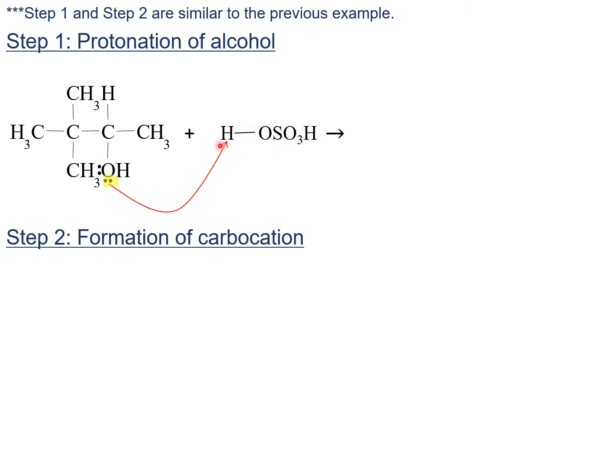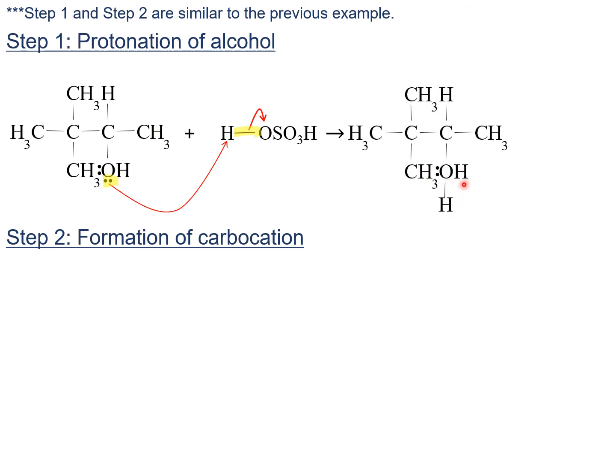To show that separation, you have to break the bond between this hydrogen and OSO3H heterolytically. Therefore you show an arrow from the bond to OSO3H, and therefore you will have your protonated alcohol here.